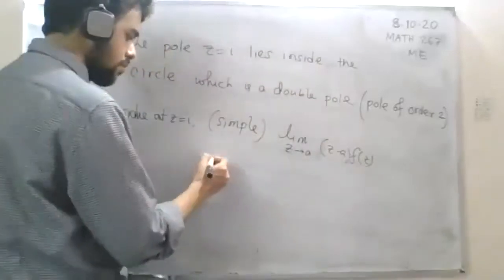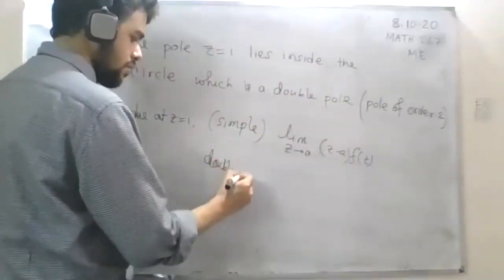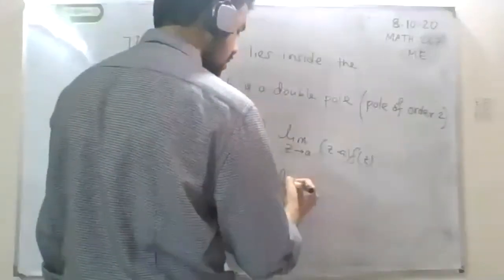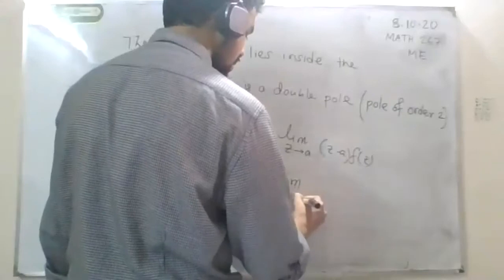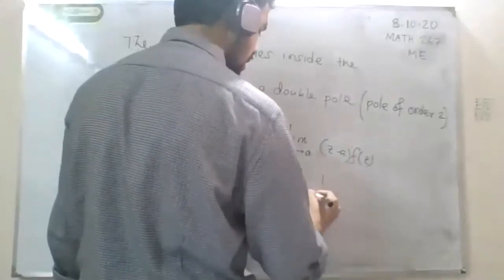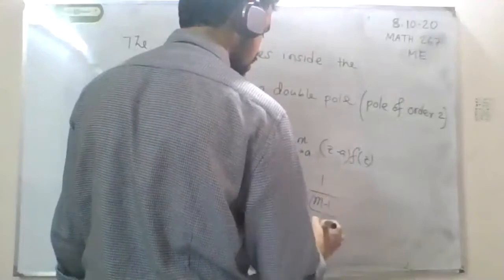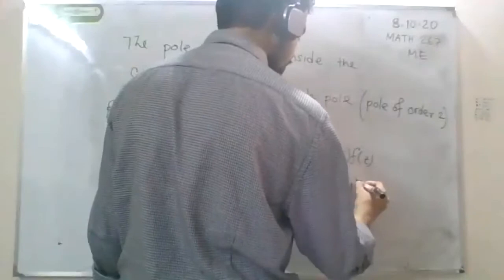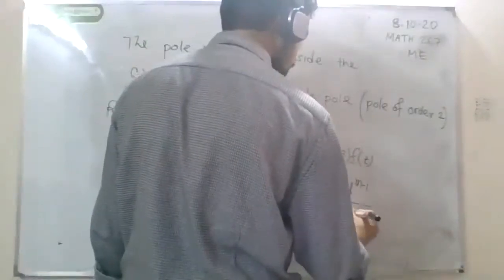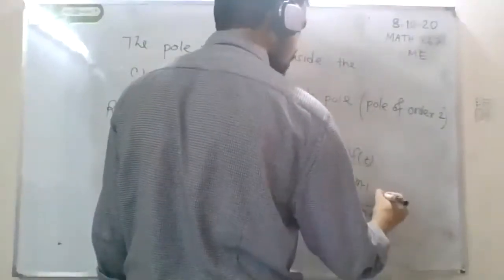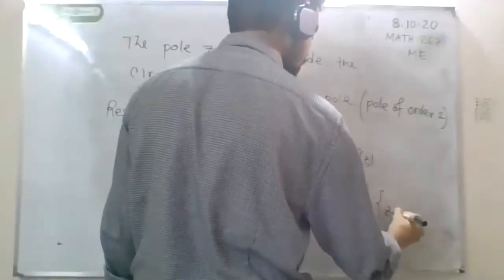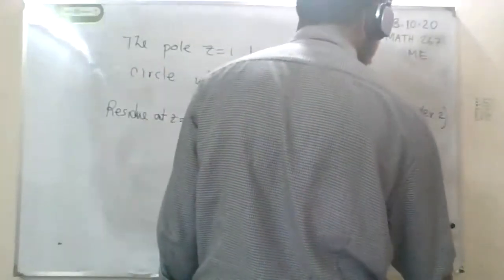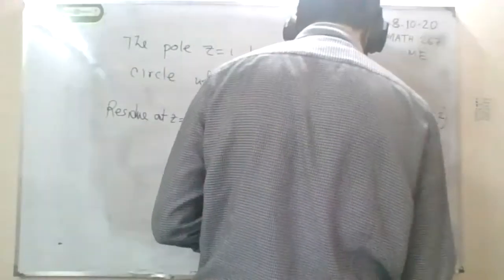But for a double pole, you can say limit z tends to a, 1 by m minus 1 factorial, d to the power m minus 1 divided by dz to the power m minus 1, of z minus a to the power m times f of z.